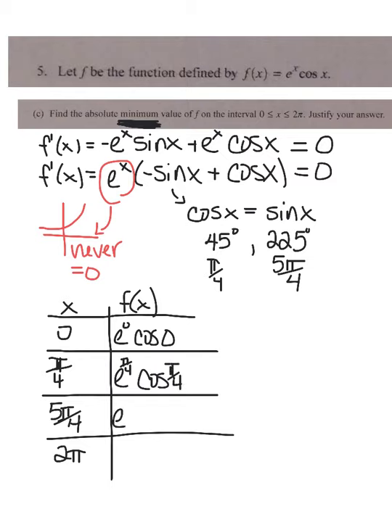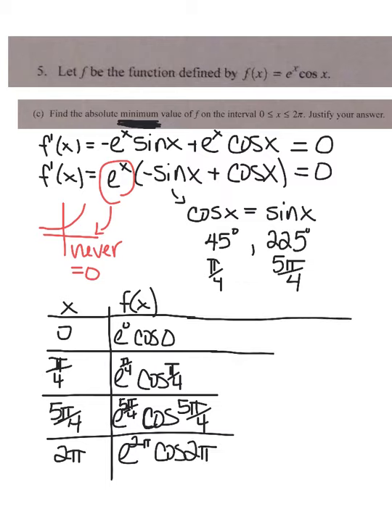Then here I have e to the 5 pi over 4 times the cosine of 5 pi over 4. And then lastly, I have e to the 2 pi times the cosine of 2 pi. Now I have to work all this out. Okay, so let's just extend this out and let's see what we get.